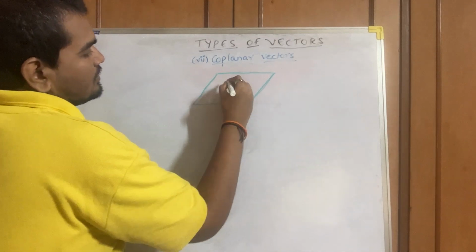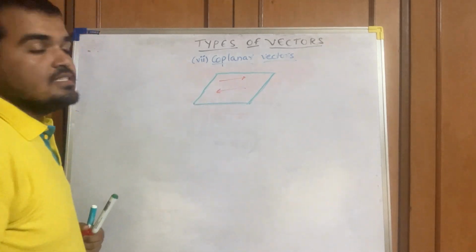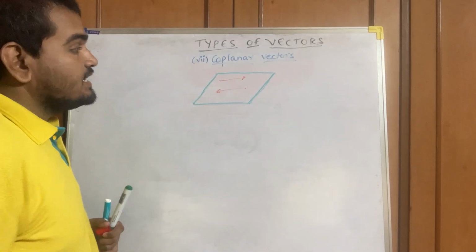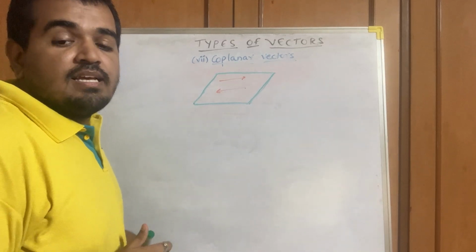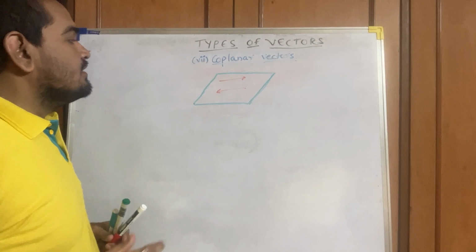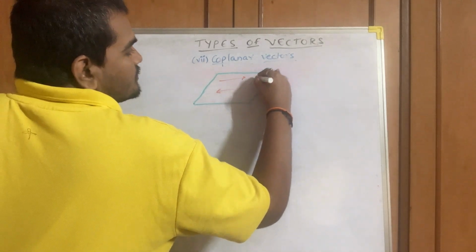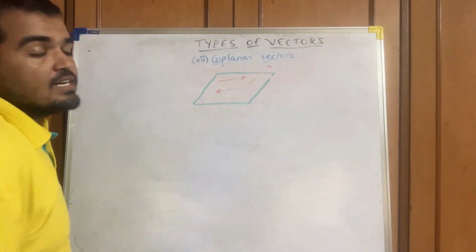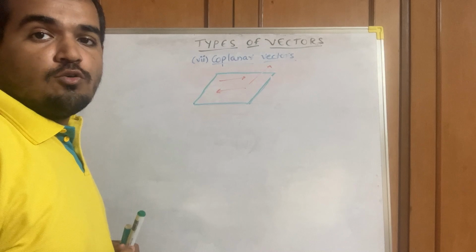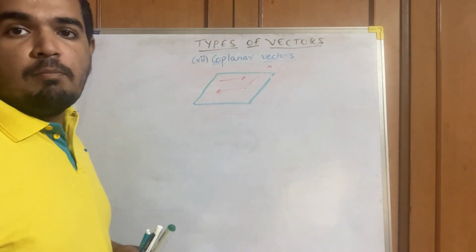If I have two vectors like this, these are known as coplanar vectors since they lie in the same plane. Now suppose I have a vector like this, then these two vectors are known as non-coplanar since they do not lie in the same plane.